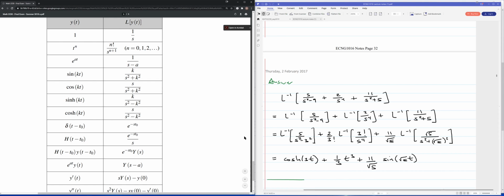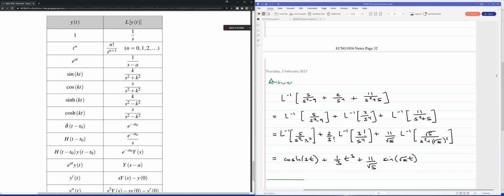And I just need to figure out what the constant k is. Notice over here that the parameter is equal to 3. Or in other words, Laplace of hyperbolic cosine of 3t is s on s squared minus 3 squared, which is what I have. So the Laplace inverse of s on s squared minus 3 squared is going to be hyperbolic cosine of 3t, which is what I have over here.